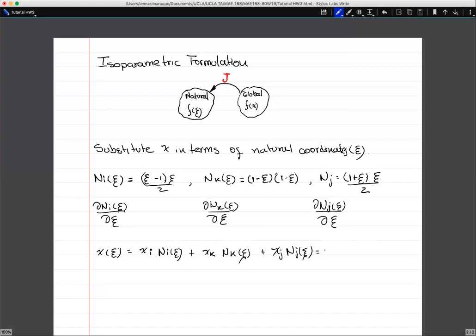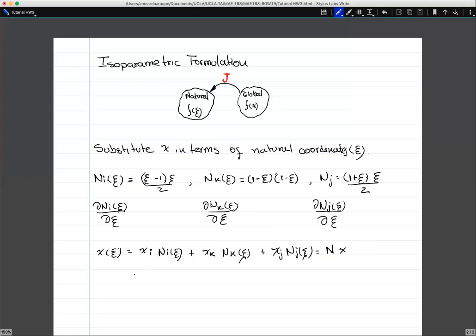So you see that this is pretty much the dot product between the vector containing the shape functions in natural coordinates and the corresponding location for each of the nodes in our element. That's pretty much what we need to do, right?